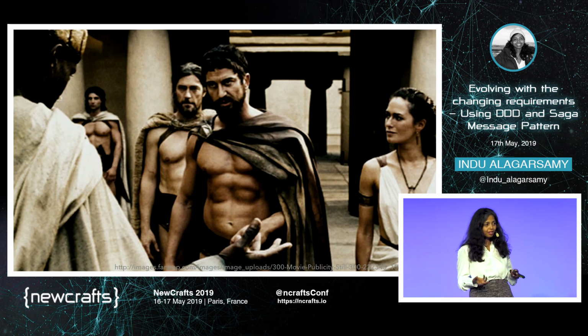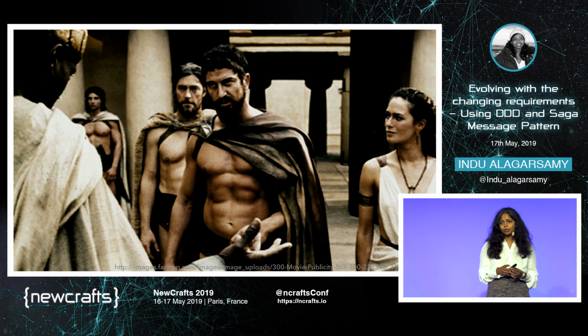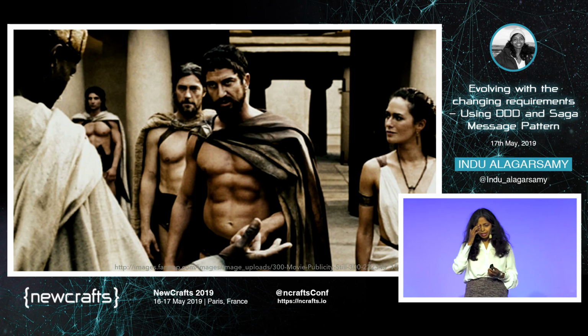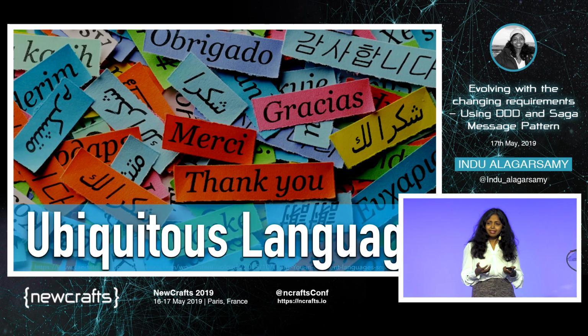I'm sure they have a use case, or they really know what to do in that scenario. So our job is to find out what these constraints are so we can put those in our context.